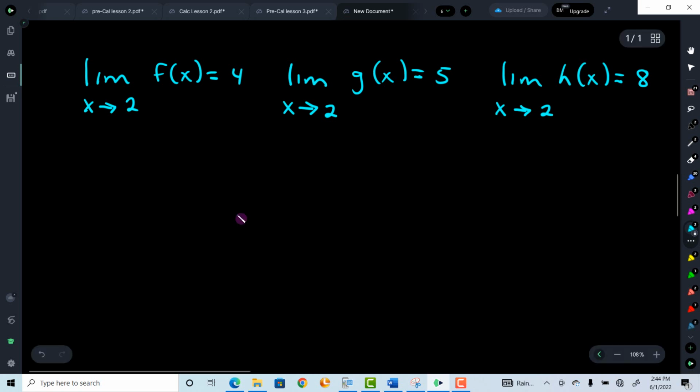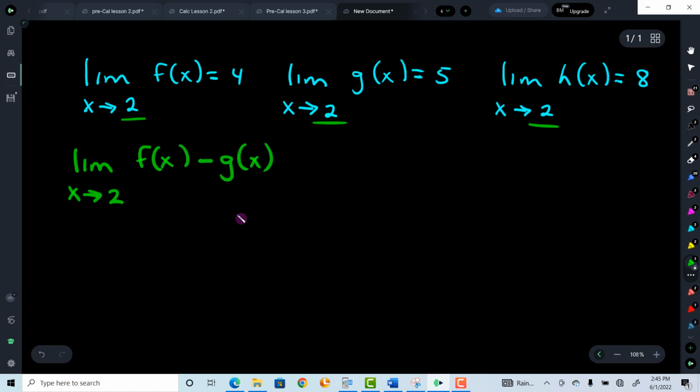So let's see if we can figure out the limit as x approaches 2. And notice they're all approaching the same value, okay? The limit as x approaches 2 of f of x minus g of x divided by h of x. So this is actually going to use several properties, okay?